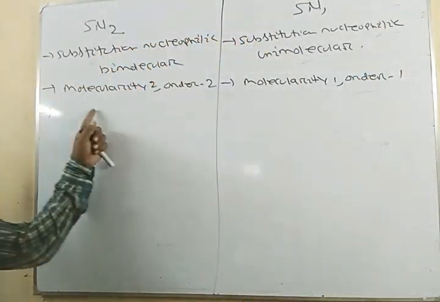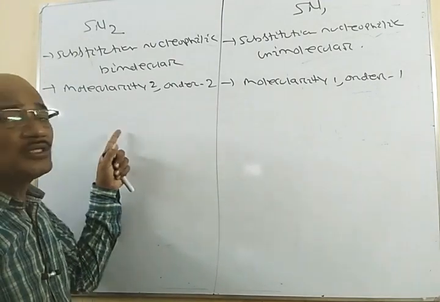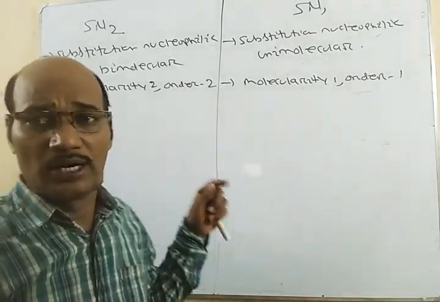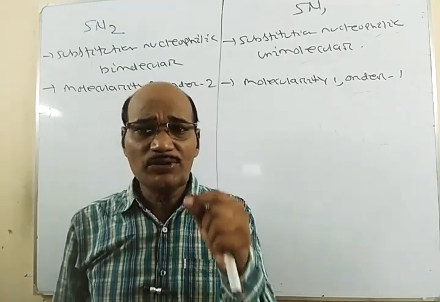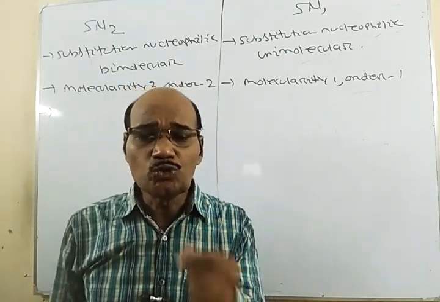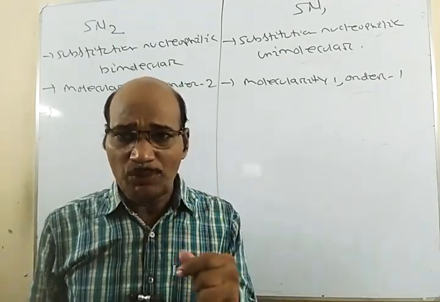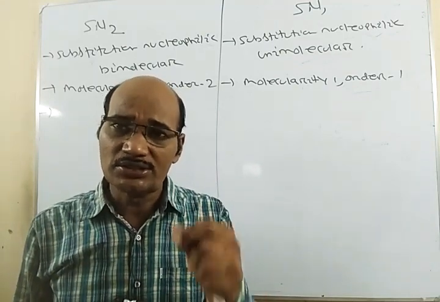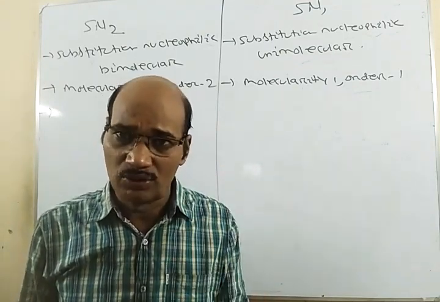Now you see this reaction, the substitution nucleophilic bimolecular, SN2. Here the rate of the reaction depends upon two things: one is the nucleophile and the other is the concentration of the substrate molecule or the reactant.